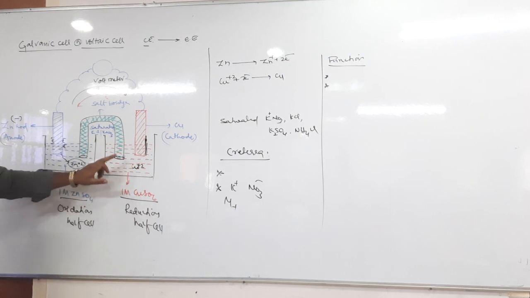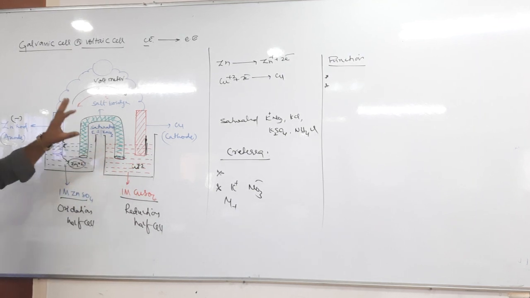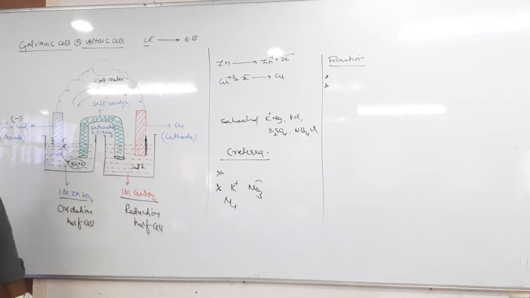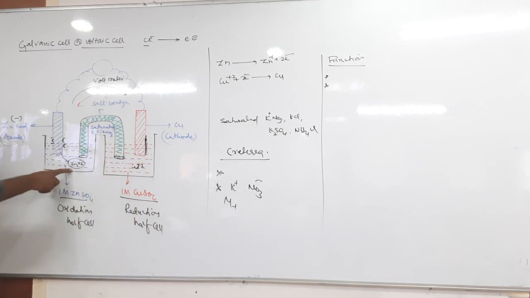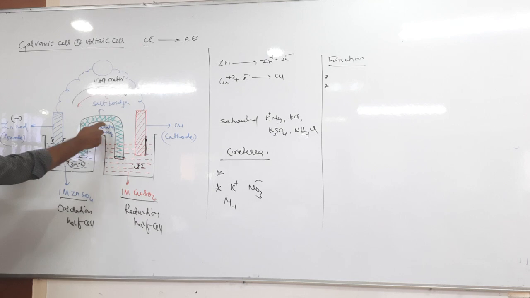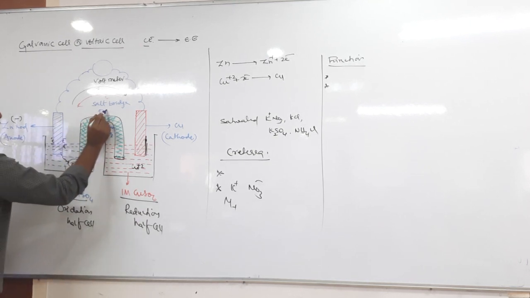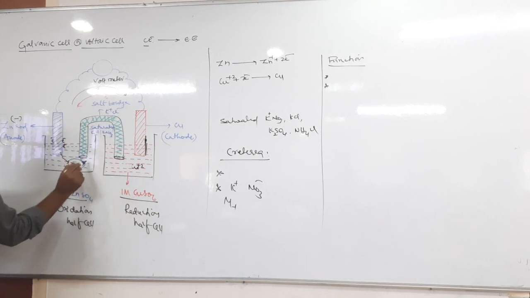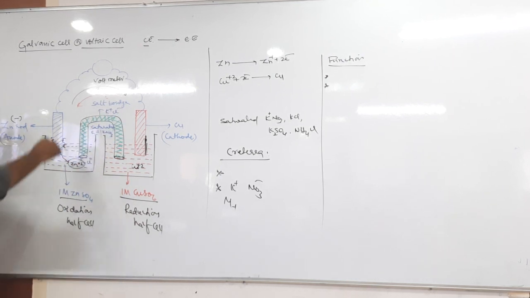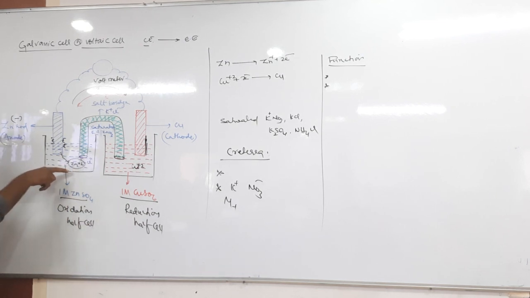Okay, but what is the function of the salt bridge? The salt bridge makes the electrical neutrality. Therefore, when cations increase, the anions from the salt bridge enter here. So what are the ions of the salt bridge? If you take K+ and Cl-, Cl- enters here. By entering, Cl- balances the cation and anion.